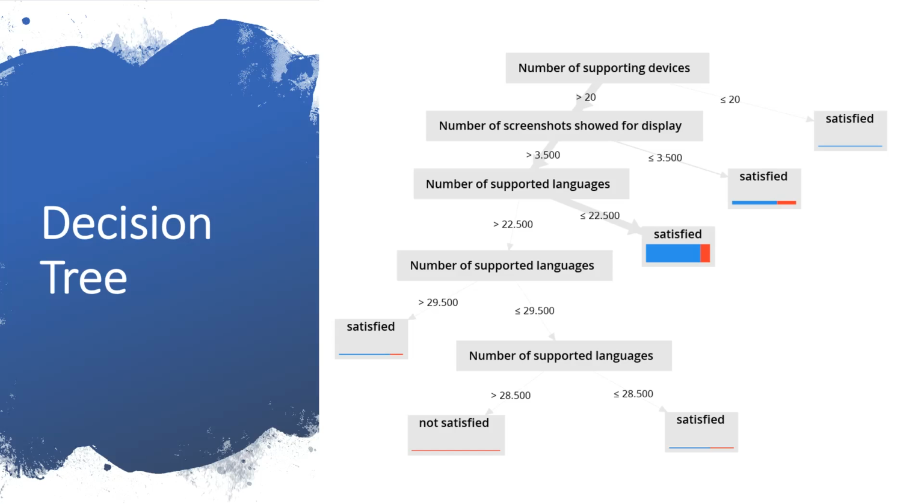The thick line shows that if an app supports over 20 kinds of devices, the number of screenshots in the App Store is 5, and the supported languages are more than 23, the app will receive a satisfied rating in most cases. Although other conditions also achieve a satisfied rating, they are only suitable for a small sample. It cannot represent most cases.